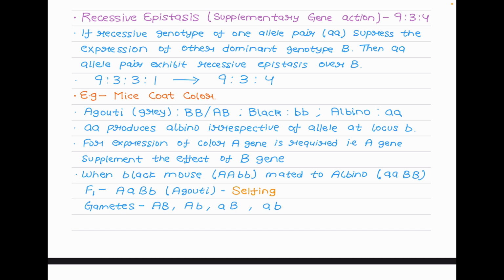If capital A is present, then gene B decides whether it will be agouti, with capital A and capital B, or black, with only capital A and small b. So when you do the dihybrid cross, instead of Mendel's 9:3:3:1, the ratio becomes 9:3:4.